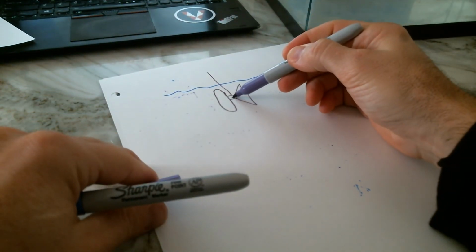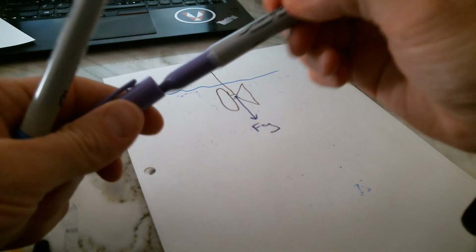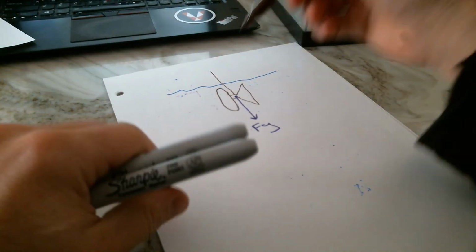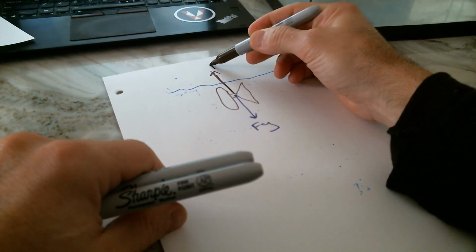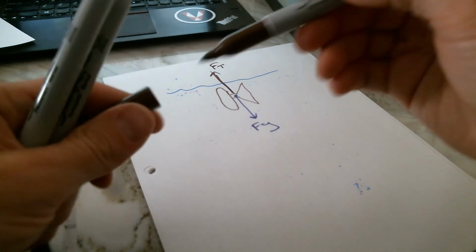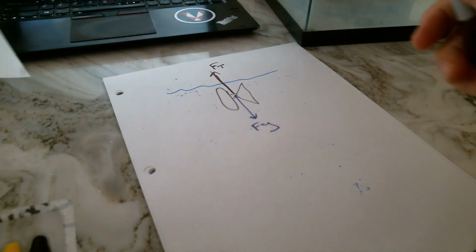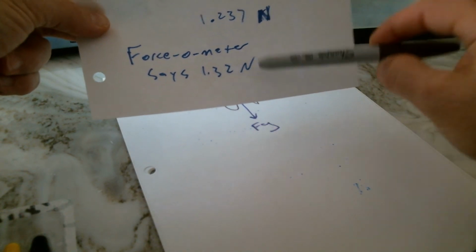One is, the planet Earth doesn't turn itself off. There's Fg. The other one is the force of the rope, which is what we will call tension. Okay, that's what this spring scale forceometer just measured as 1.32 when it was in air.